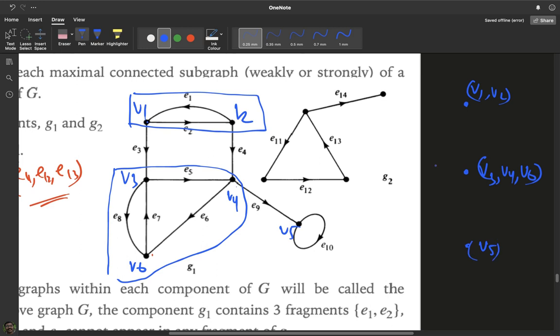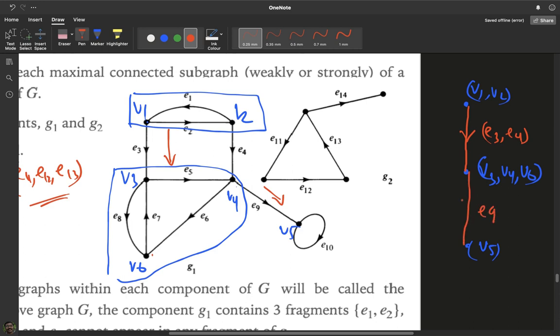Now all the fragments have been represented, and I know there are two edges from the first fragment to the second fragment. Those will be represented by a single edge, and I'll write it here for information: E3, E4. Similarly, between this fragment and this fragment there was only one edge. I'll represent it by this edge E9.